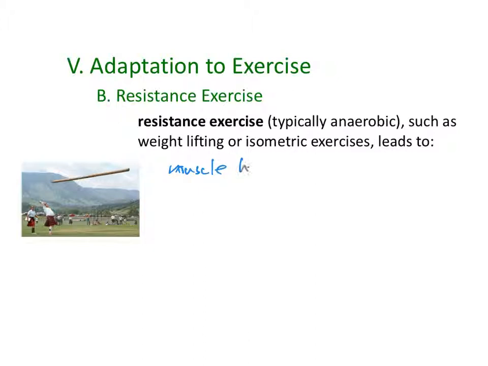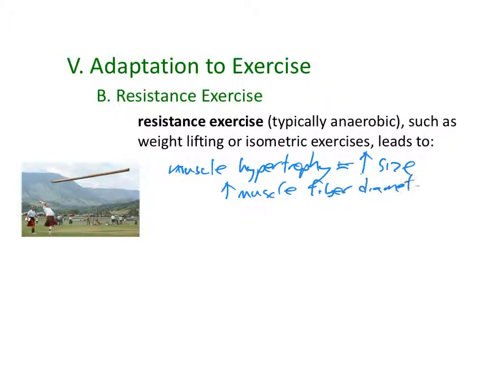Muscle hypertrophy means that the muscles are increasing in size, and this is primarily due to muscle fibers increasing in diameter. You also do get more mitochondria, myofilaments, glycogen stores, and more connective tissue.